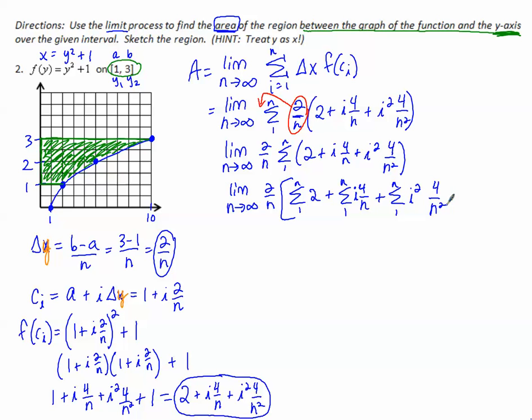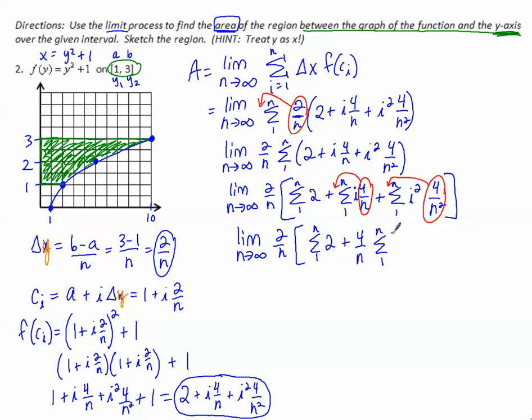Again, let's rewrite what we have. Limit as n goes to infinity, 2 over n, the sum from 1 to n of the constant 2, plus 4 over n, the sum from 1 to n of i, plus the sum from 1 to n of, our constant pulled out, then the sum from 1 to n of i squared.